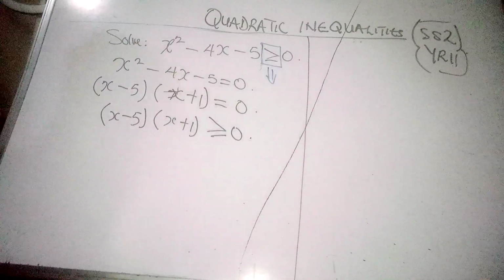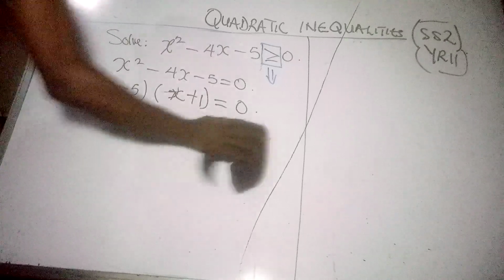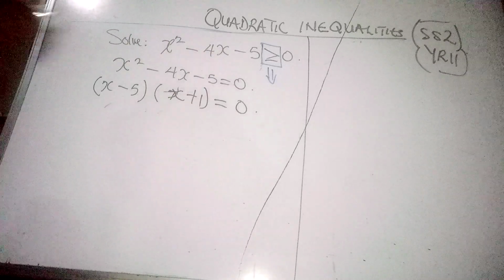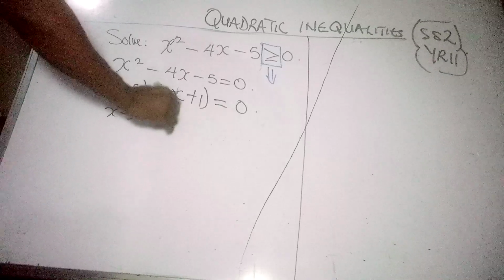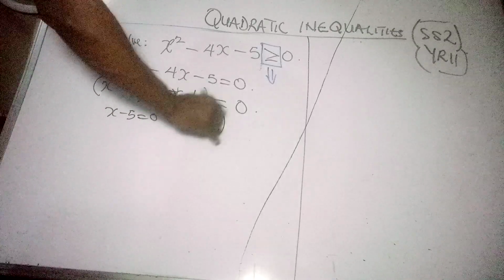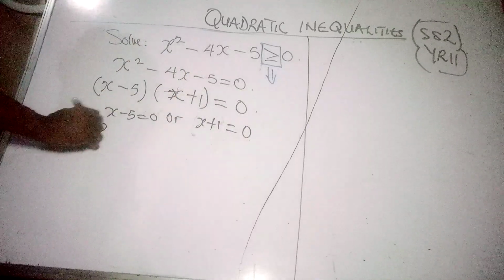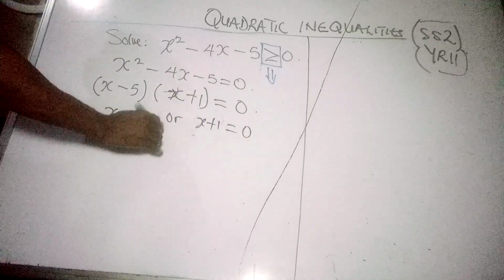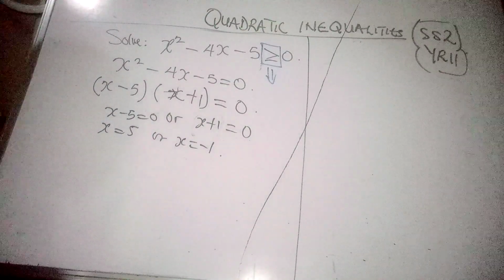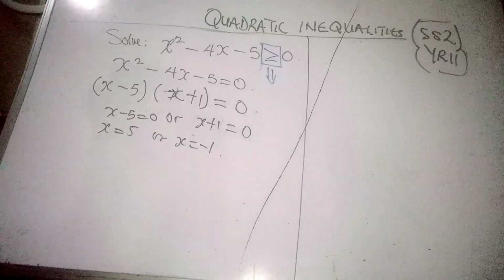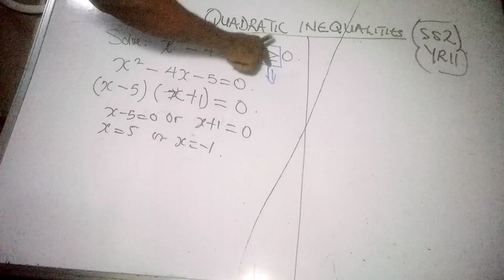Alright. So, before I do that, I need to find the values of x. That means x minus 5 equals to 0 or x plus 1 equals to 0. So from here, x is equal to 5 or x is equal to minus 1. So I will now change this equation back to the inequality.